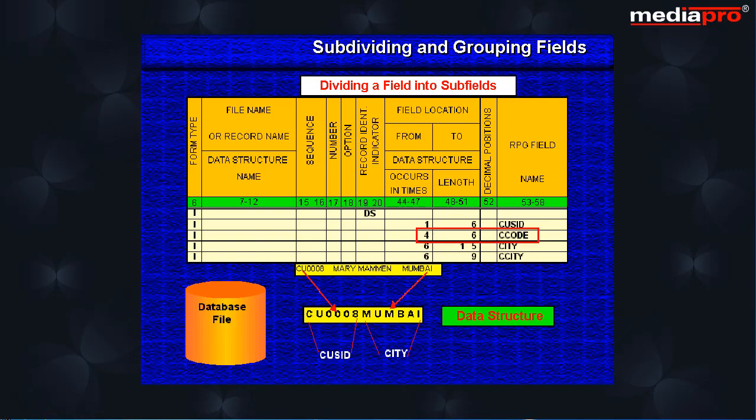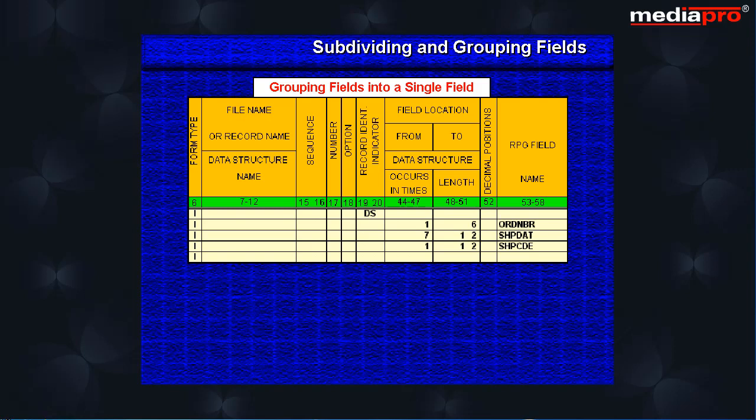The subfield CCODE contains the last three characters of the customer ID, while CCITY contains the first three characters from the city field. In this example, you saw how a data structure could be used to divide a field into subfields. Similarly, different fields can be grouped together into a single field.